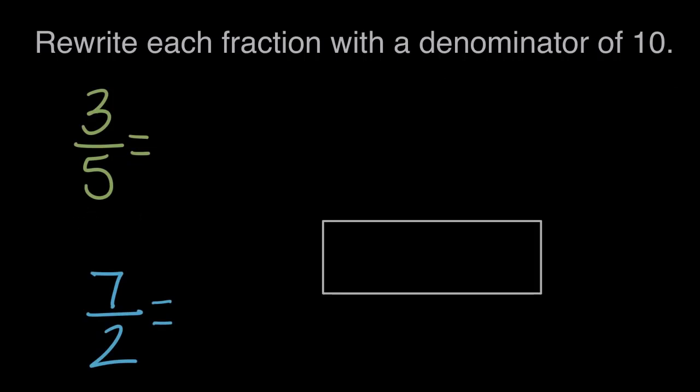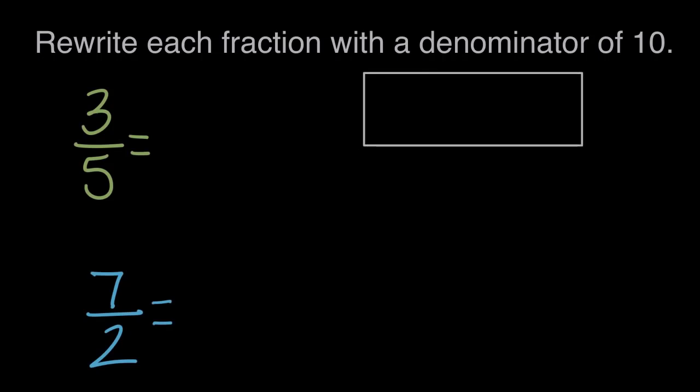Here we can use this rectangle to represent one whole. And to show 3/5 of that whole, we're going to need to divide it into fifths, or 5 equal pieces. So let's do that. We'll try to make these as equal as possible.